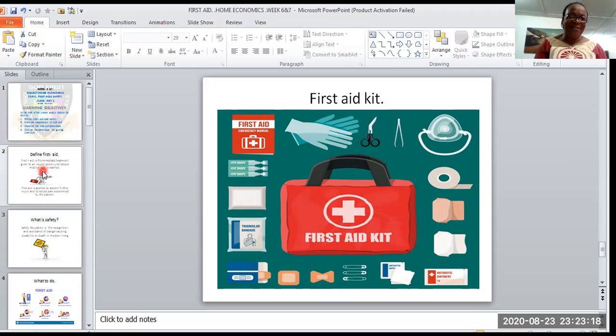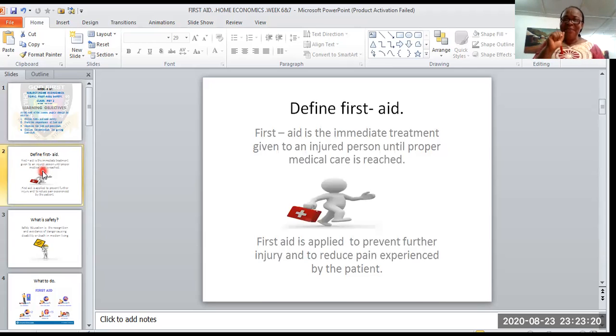Beautiful. So we have said that first aid is the immediate treatment given to an injured person until proper medical care is reached. Until proper medical care is what? Reached. First aid is applied to prevent further injury and to reduce pain experienced by the patient. Are we together?